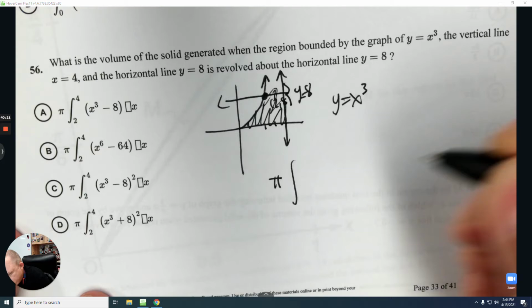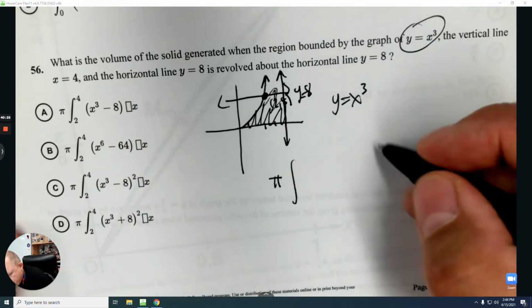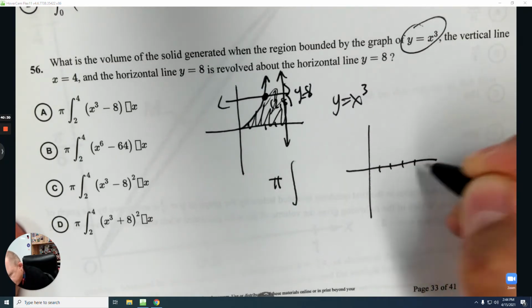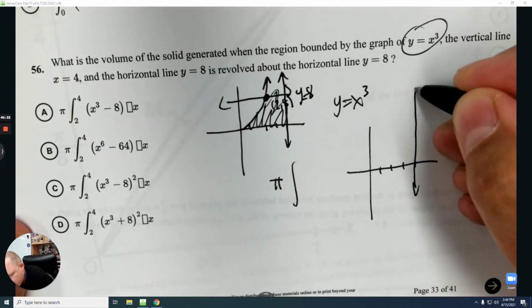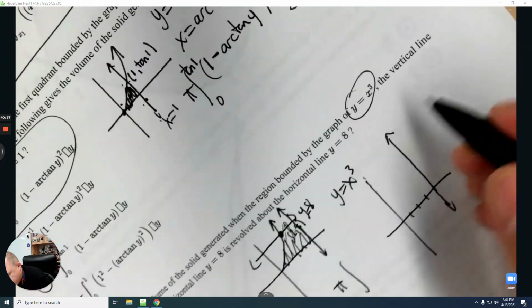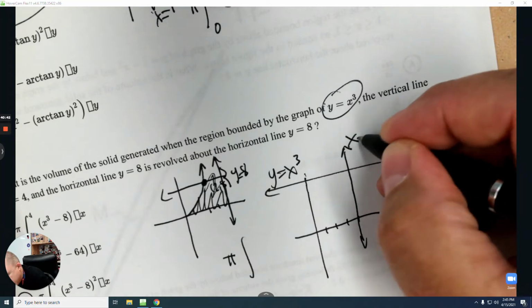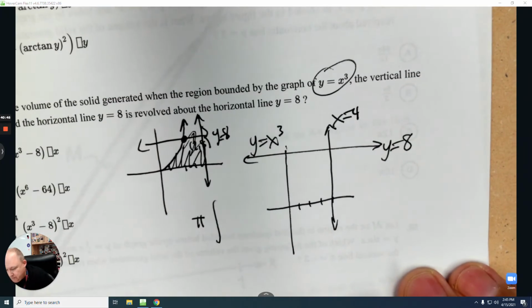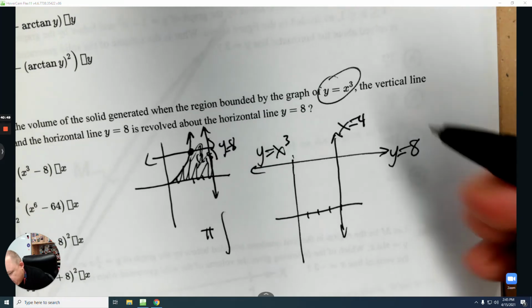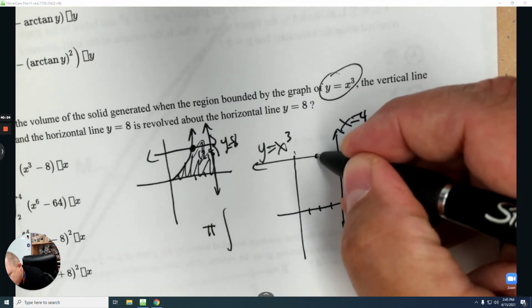So let me redraw this. What am I doing wrong? So we have y equals 8. We have x equals 4. At 2, the answer is 8.